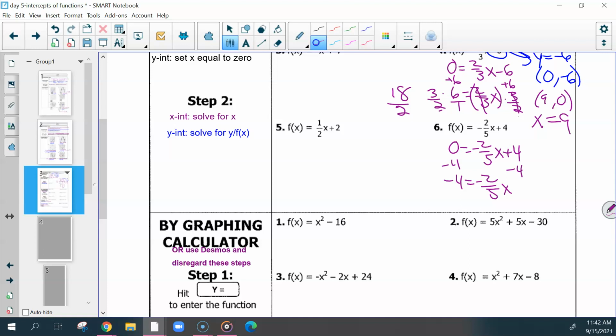We're going to do what? So I can flip this to become negative 5/2 and then multiply that on both sides. Negative 5 times negative 4 is negative 20. And that would become negative 10. I'm sorry, positive 10, there's my brain.